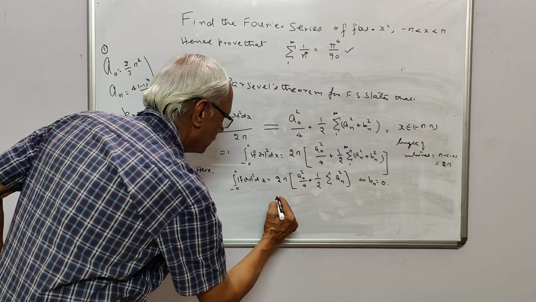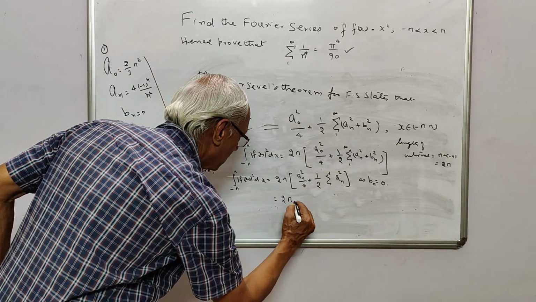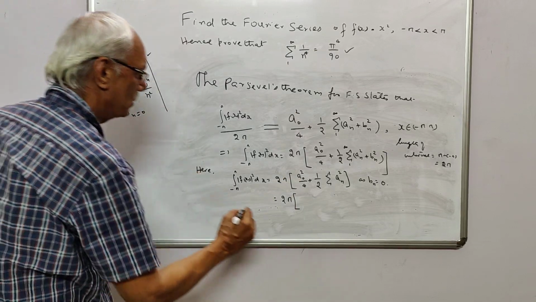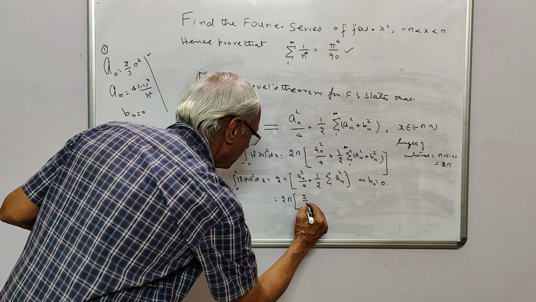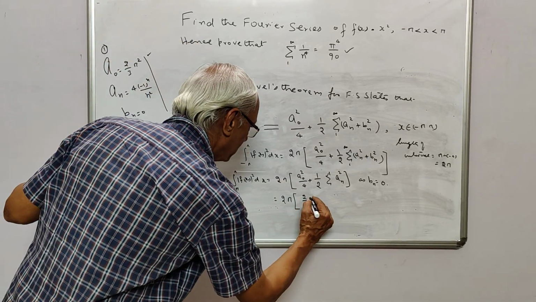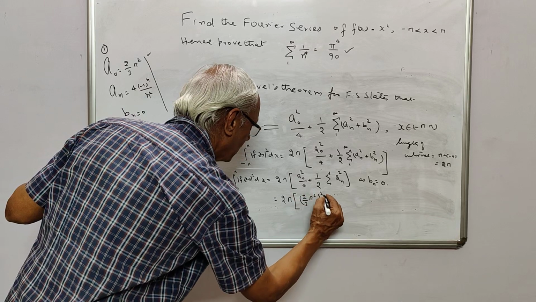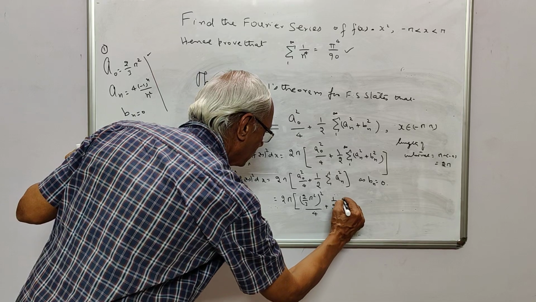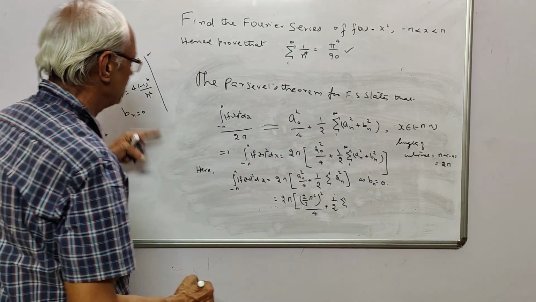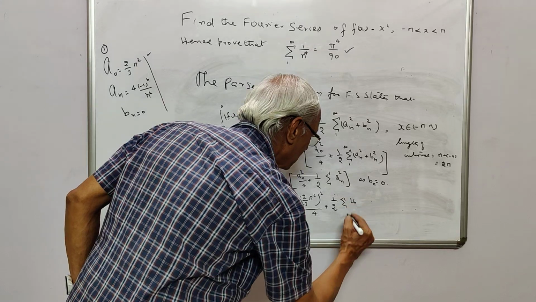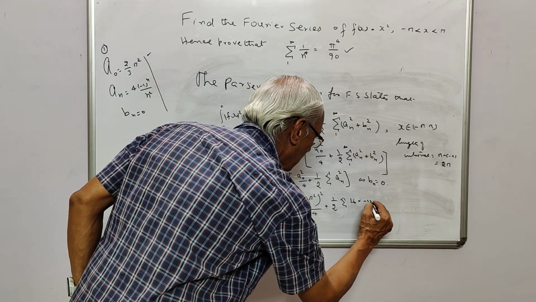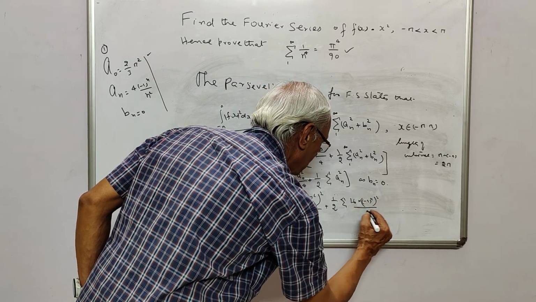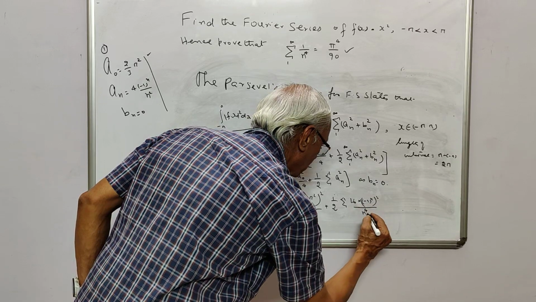So this is equal to 2 pi into, now substitute the values of this. Here you have got a naught, so it is 2 by 3 into pi squared whole square divided by 4, plus half into, see here 16 into minus 1 to the power of n whole square divided by n to the power of 4.